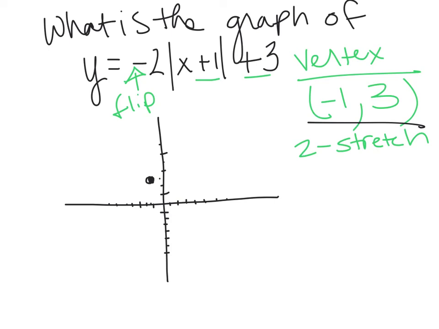And then I basically have a slope of -2. So from here, I'm going to go down 2, over 1, down 2, over 1, down 2, over 1. So that's half of my graph.